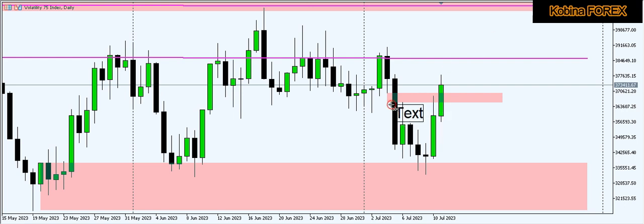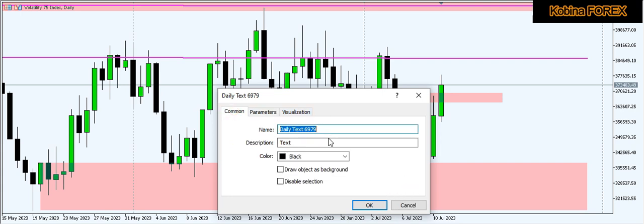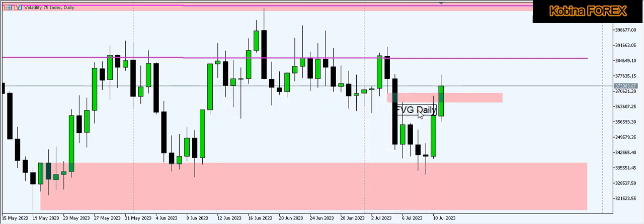So let's put annotations here so that we don't miss everything like that. So FVG, this is daily. Okay, so this is FVG on a daily time frame.